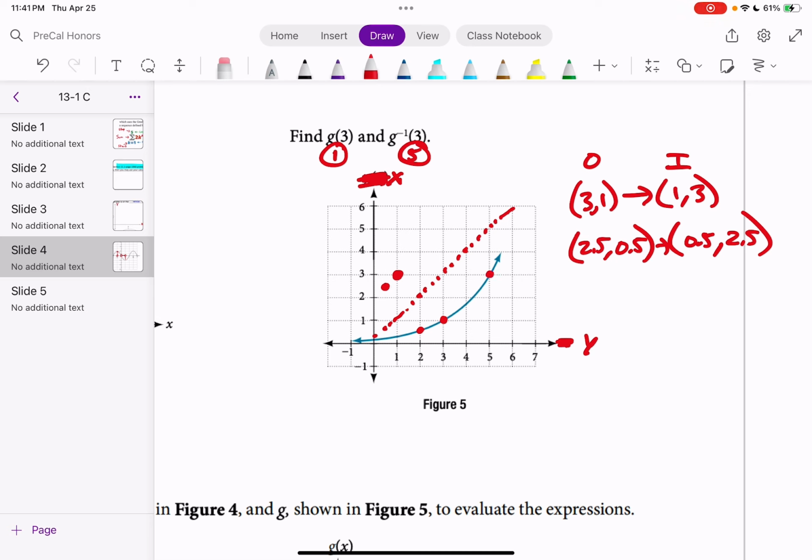Last problem that we would work on is, let's say 5, 3. Once we switch around 5, 3, that is going to give us 3, 5. And that exactly would be our answer.